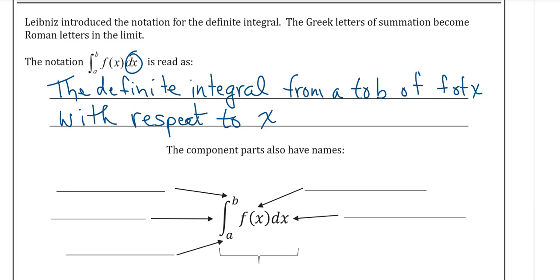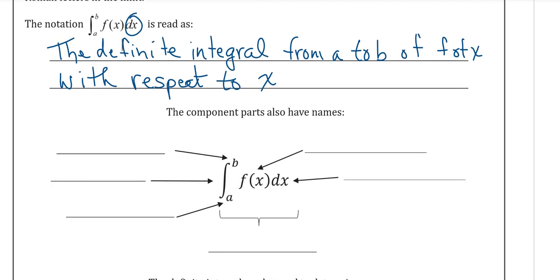Okay, so breaking this down into its pieces, here's what we have. The first arrow here is our upper limit. That S thing is the integral itself, and the a is the lower limit.